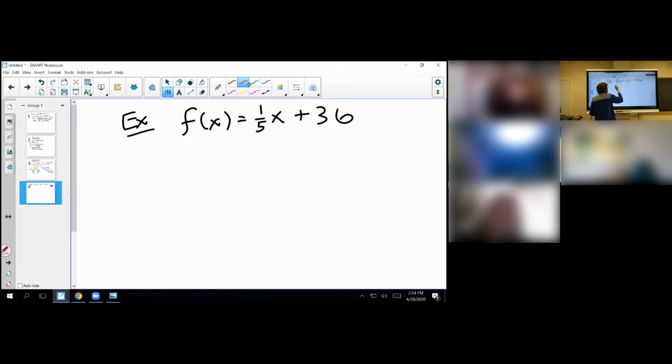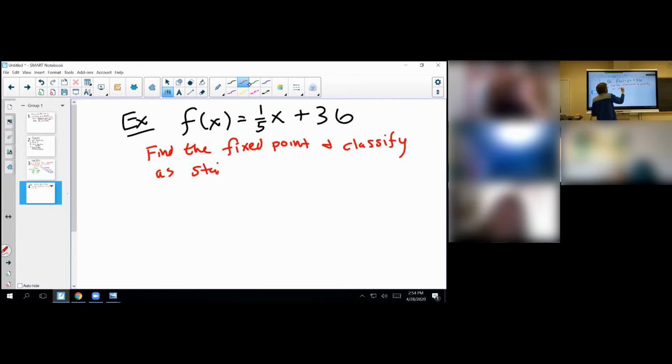So suppose I want to find the fixed point and classify it as stable or unstable. How do I do that? Well, it's actually pretty simple, although very easy to forget how to do it. We're talking about so much stuff.